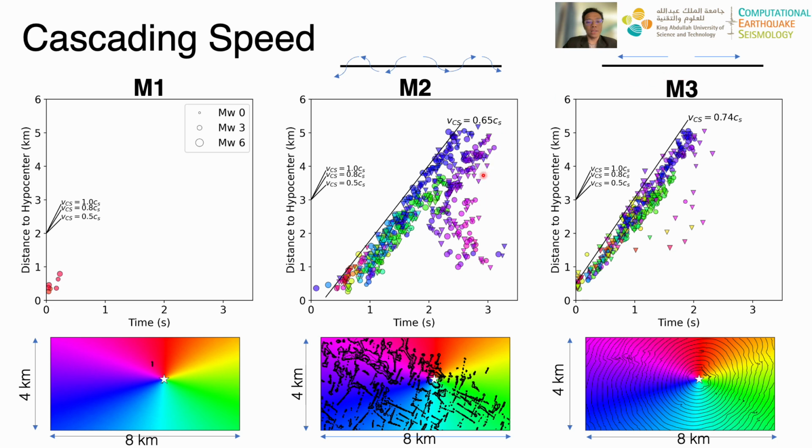The slower cascading speed for model number 2 corroborates with a slow average rupture speed if one considers the earthquake source as a line source. Probably this slow average rupture speed that one observes during an earthquake is actually a cascading speed through a fracture network in the damage zone.